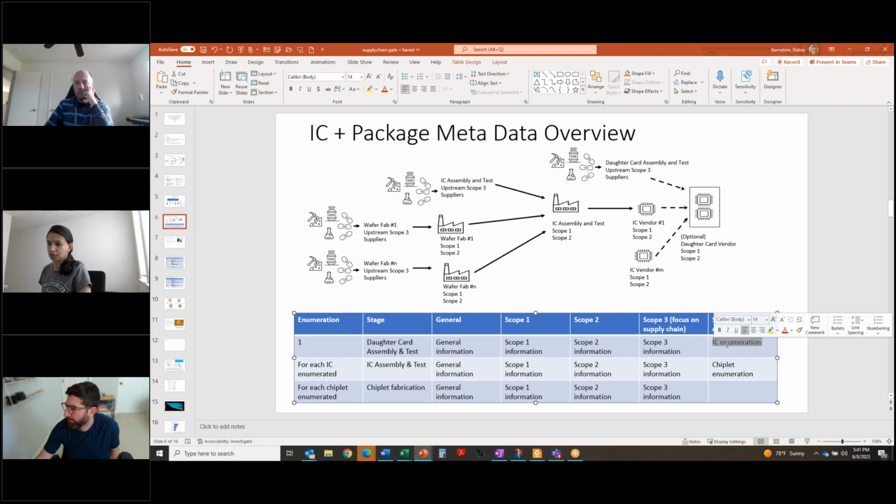And I also have these jelly bean parts, or maybe there's some other little controller that sits on that daughter card, etc. So all of those things would be enumerated out, and then we would use that enumeration either to go to a different database, or within the same database, go and find all of those ICs that were enumerated.